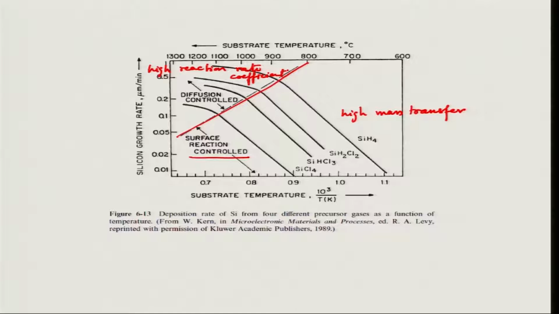So, these are two different regimes, and we can find a demarcation between them following the thermodynamics and kinetics of your reactor or by some experimentations. Now, what is important is that we want to have uniform deposition.